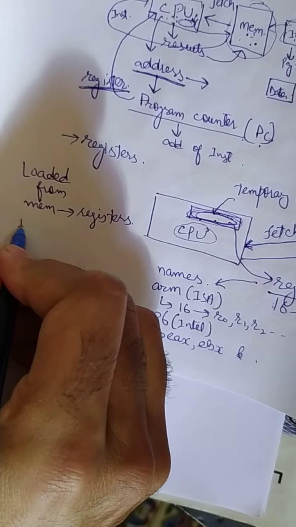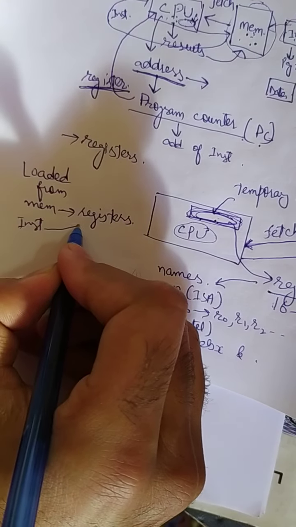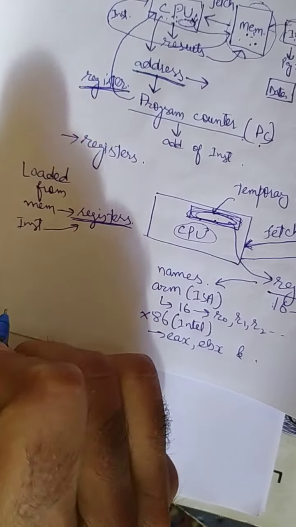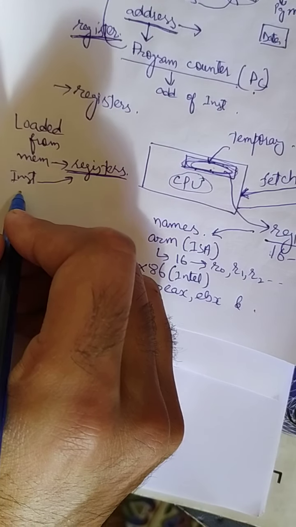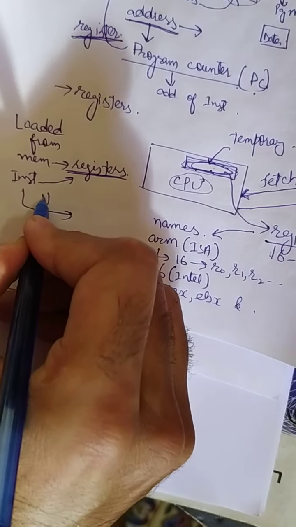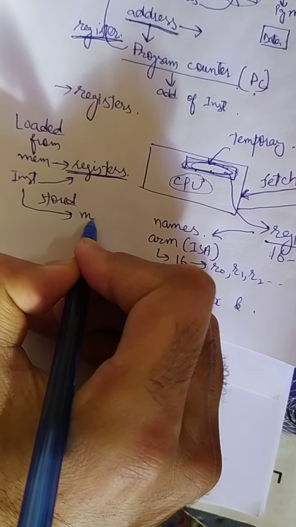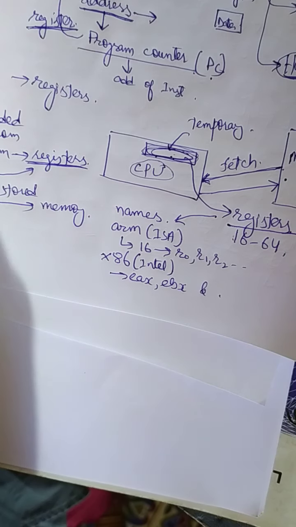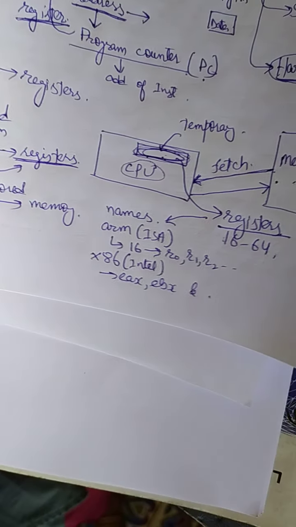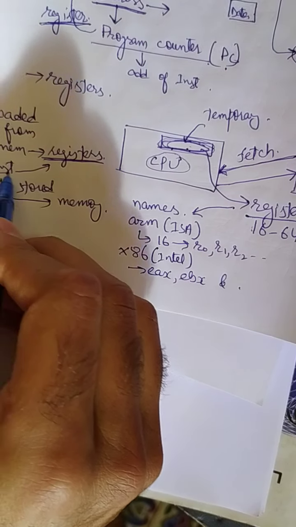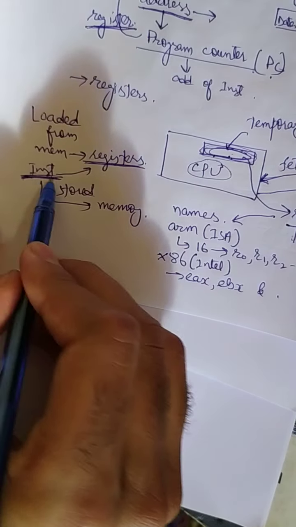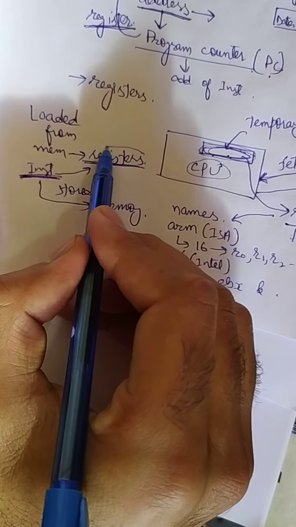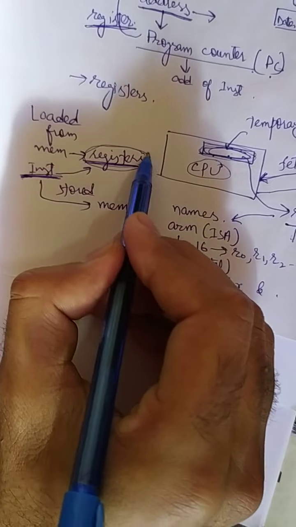Then we apply the instruction on the data stored in the registers. The final output is then stored back into the memory. So first we have to load data from the memory, then we store the data back to the memory. But keep this in mind that most of the time, every instruction executes on the data that is stored in the registers.